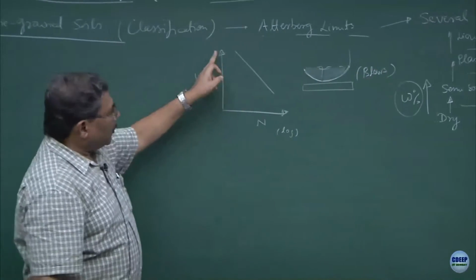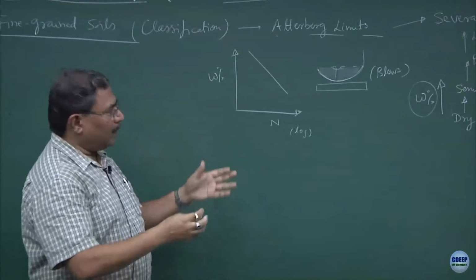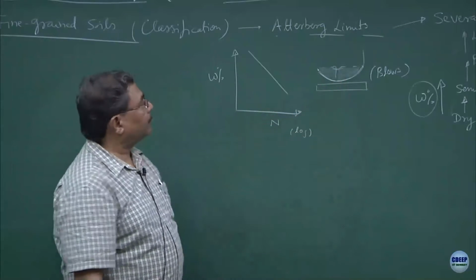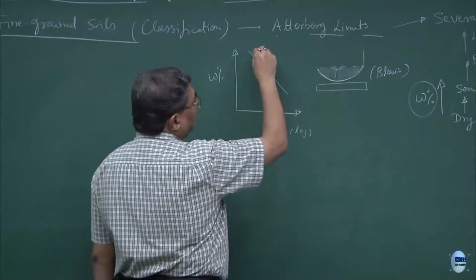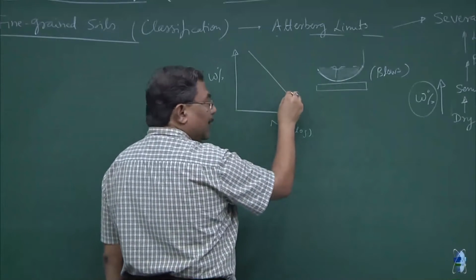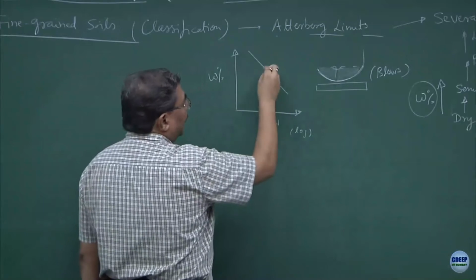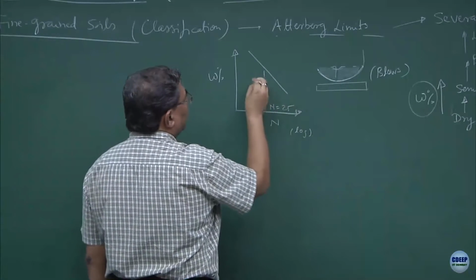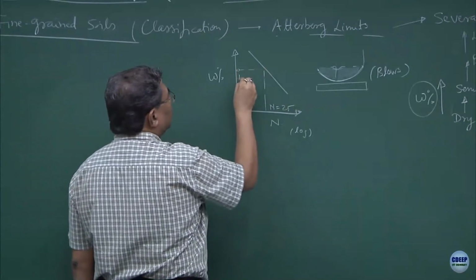So the more the moisture, the fewer blows are required to close the cleavage you have created. However, as you keep on increasing the number of blows, the moisture content decreases. If I find out the moisture content at n equal to 25, this is what corresponds to the liquid limit.